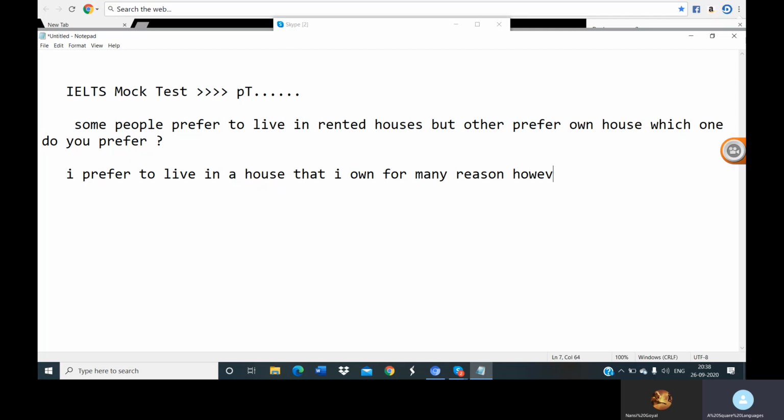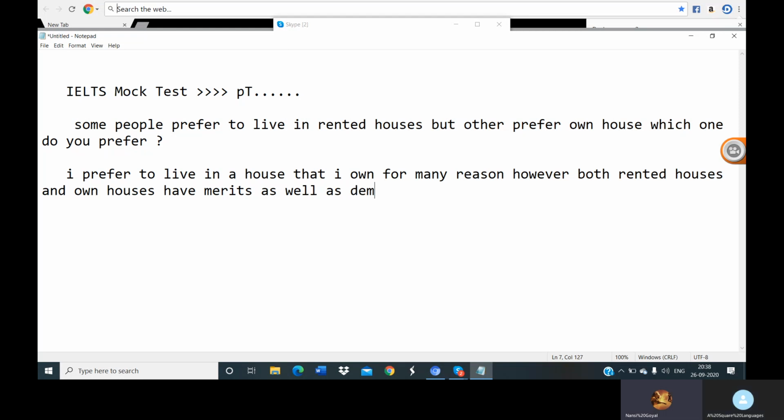There can be spelling mistakes because I'm just typing. However, both rented houses and own houses have merits as well as demerits.